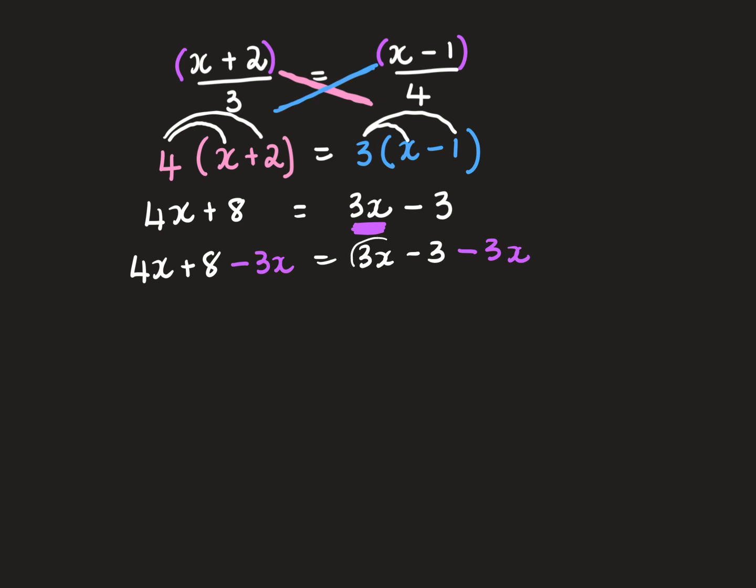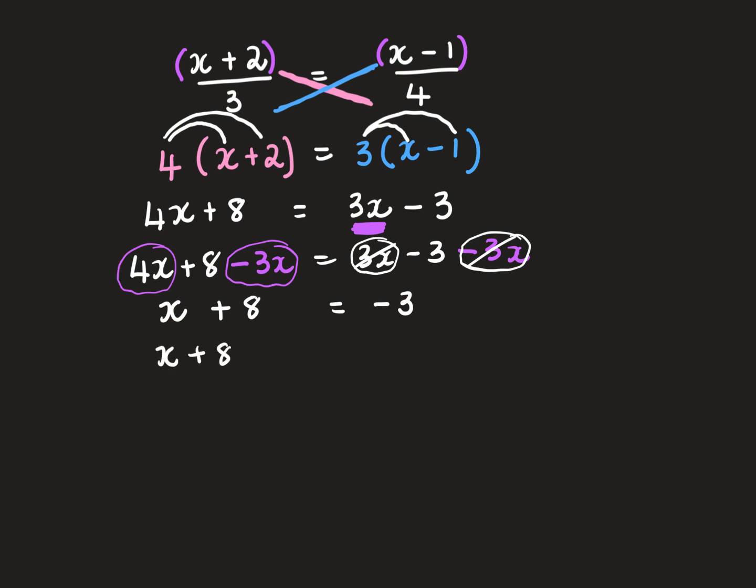Well, over here, the 3x, take away 3x, we'll wipe them both out, and all we've got left there is minus 3. Here we've got 4x, take away 3x, 4 of them, take away 3 of them, just leaves one of them, just x. Now I've got x plus 8 is equal to negative 3. We go x plus 8 minus 8 equals minus 3 minus 8. Use our calculator for that if we're not very good at those ones. x is equal to negative 11.